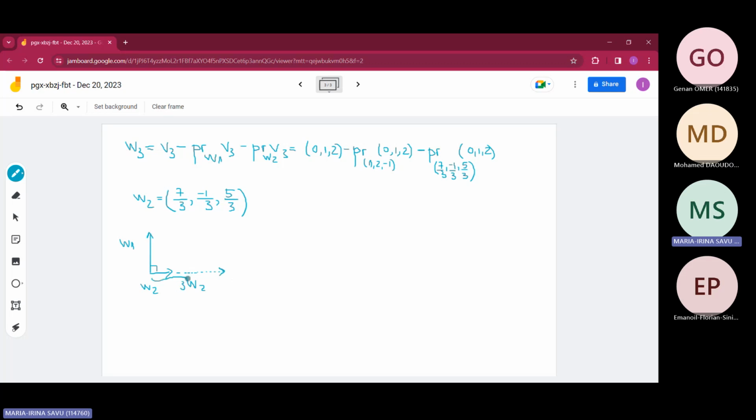If I multiply W2 by 3, I get 7, minus 1 and 5, which is this 3W2. But you see that it is also perpendicular to W1, so you don't need to work with such difficult expressions. When you can simplify them, do it.